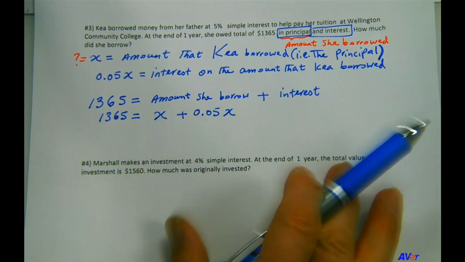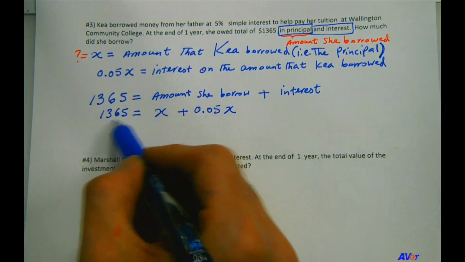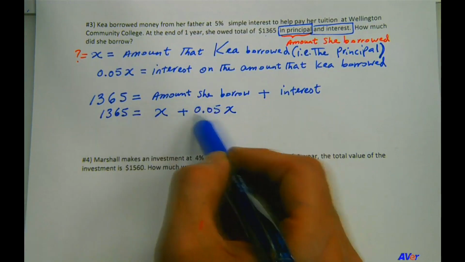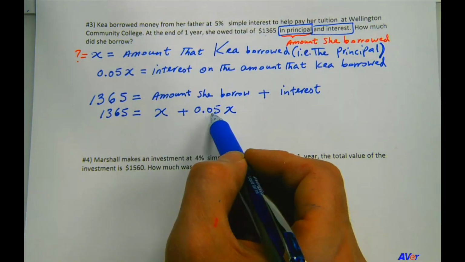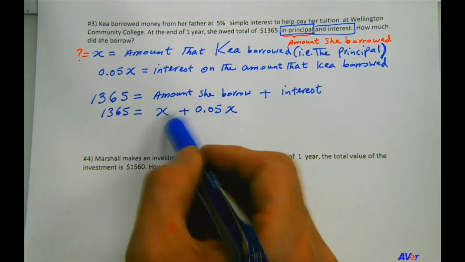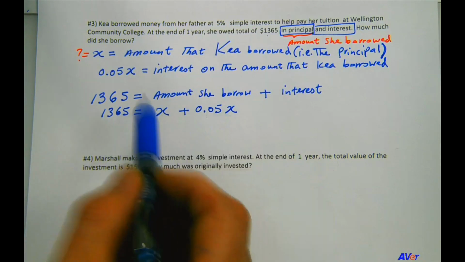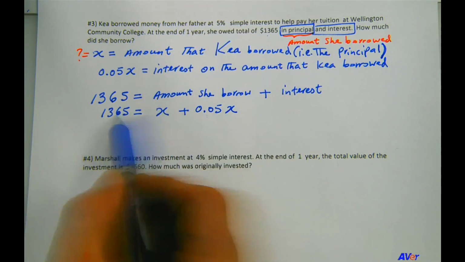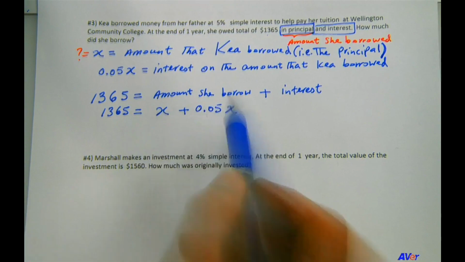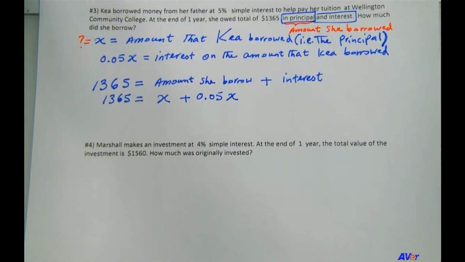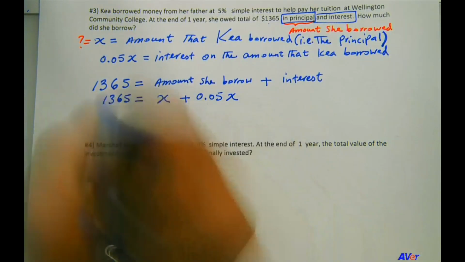We know that at the end, she paid this much to her dad. We know the interest was this over the year, but we don't know how much she borrowed. So this equation gives us a relationship between what is known and what is not known. Okay? So the rest is just algebra.